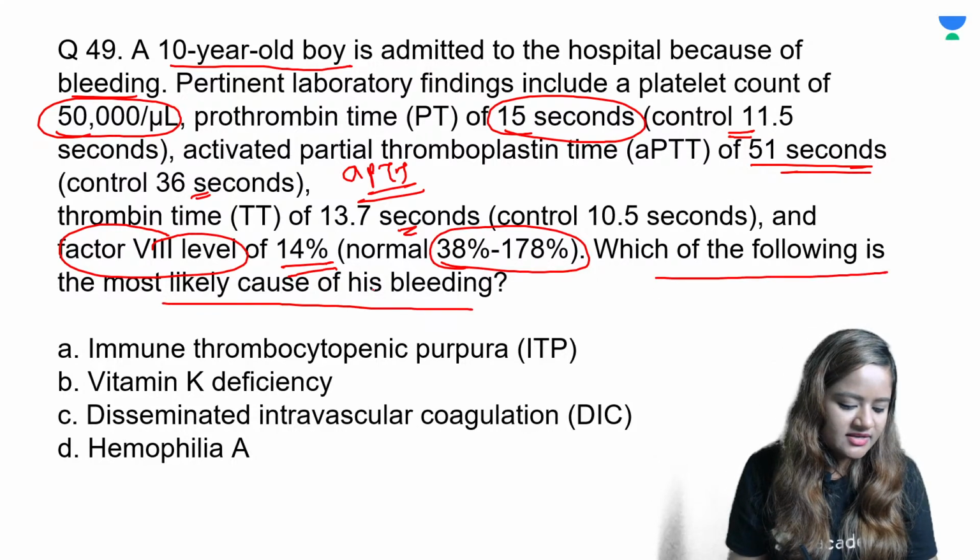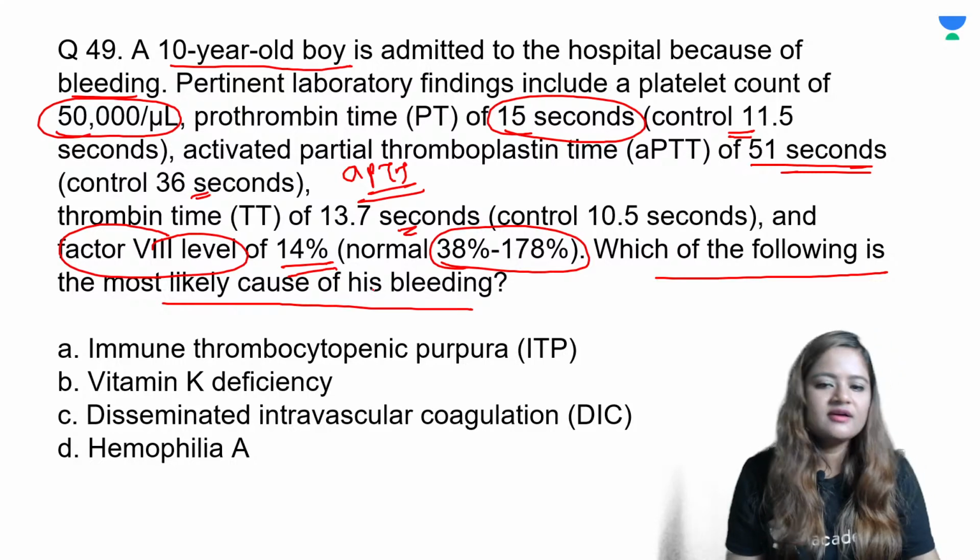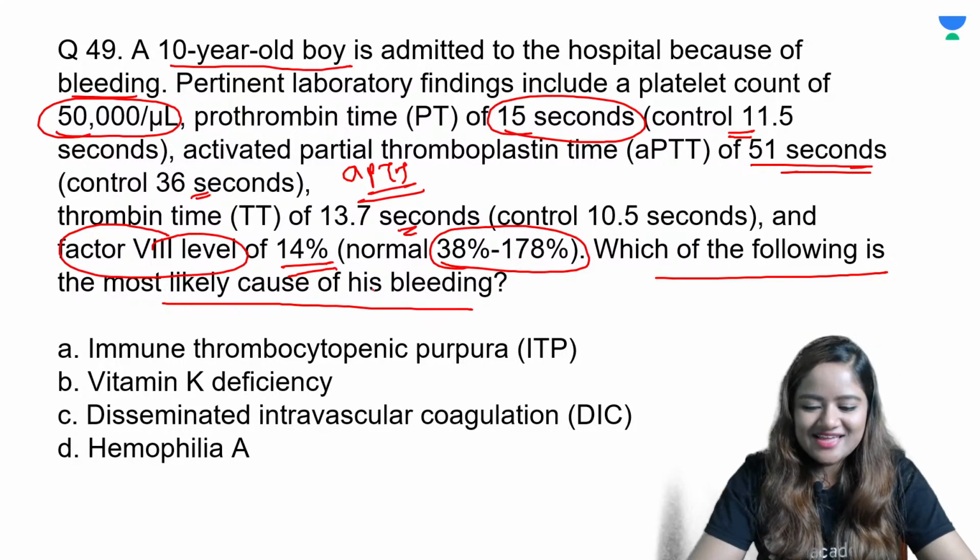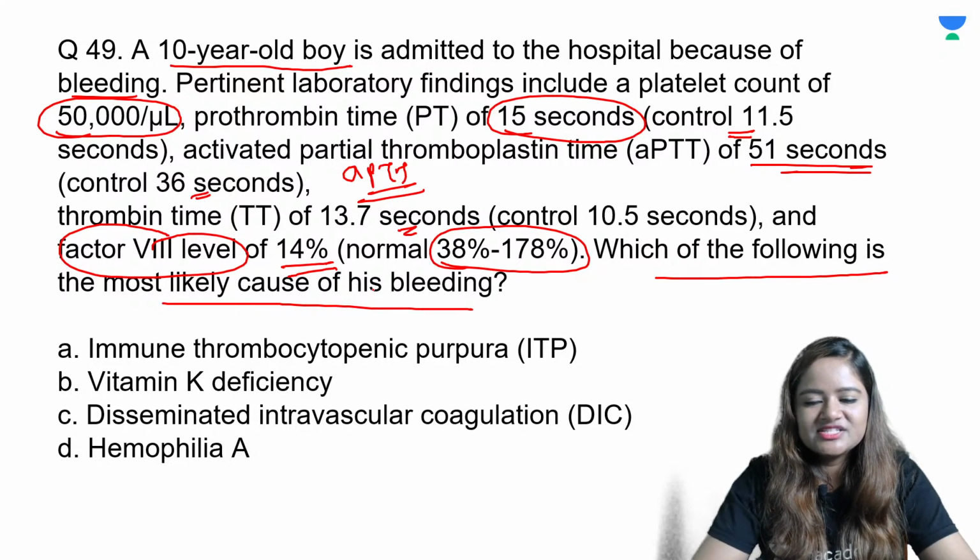So those who are hearing carefully and whose minds are still open, you can easily answer this question. It is a little tricky question, but please see the question carefully and choose wisely. Don't rush into the answer. It is not that simple a question. 10-year-old boy had a bleeding episode.